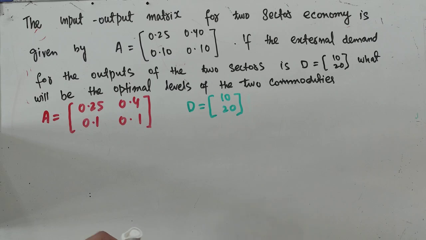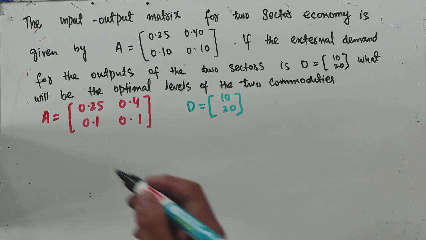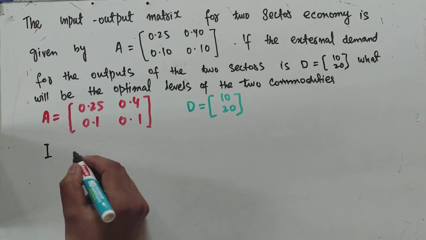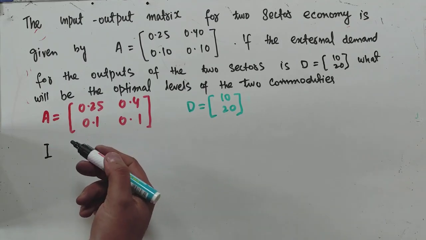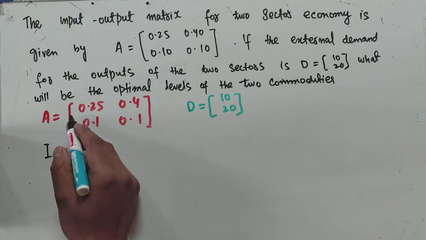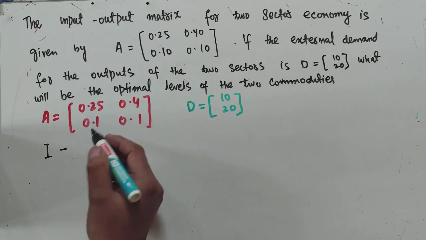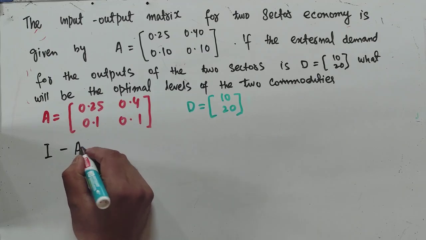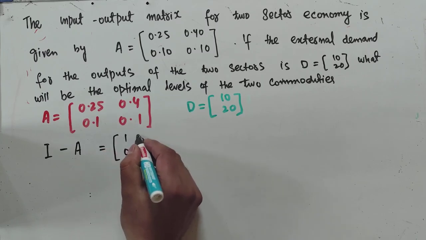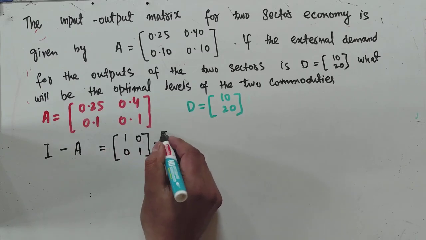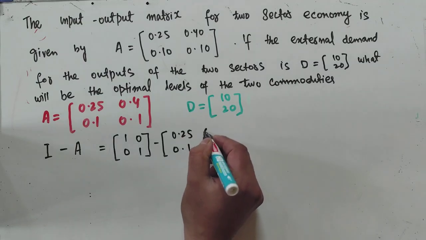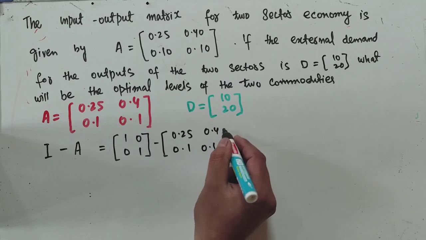First thing we do is form the Leontief matrix. The Leontief matrix is formed by writing the identity matrix minus the technology coefficient matrix, that is A. This will be our Leontief matrix. So we have 1 0 0 1, to this we subtract 0.25, 0.1, 0.4, 0.1.